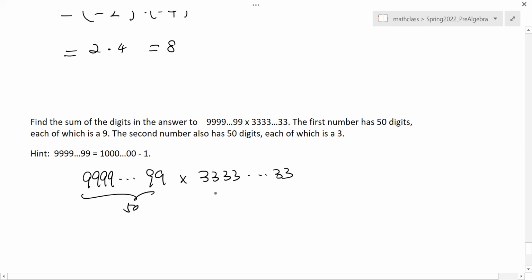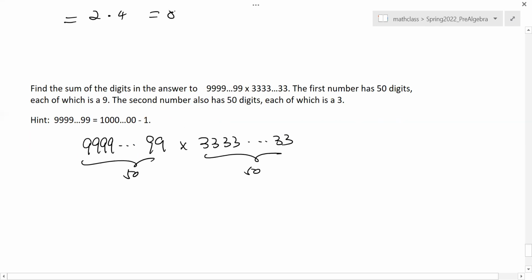So the idea is that you have to use a hint. You will get 1, and then too many zeros here, right? And minus 1. So you have 50 digits here.